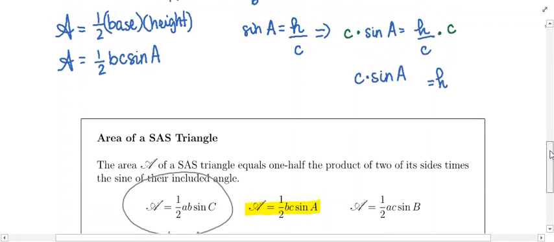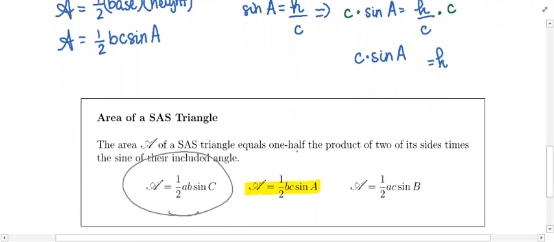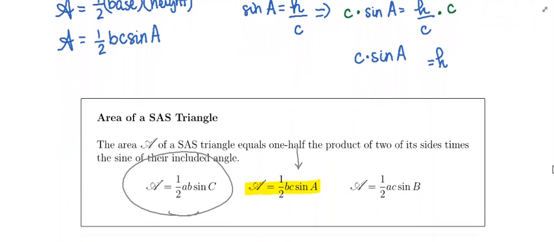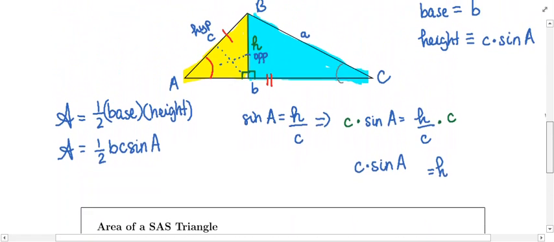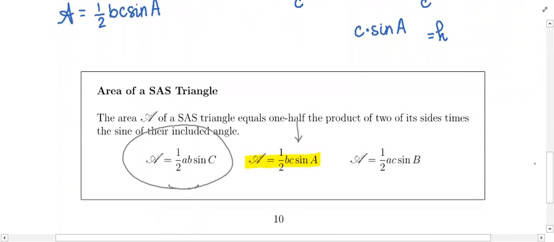The process we went through with the yellow triangle produced this equation in the middle, but if you repeated the process for angle C or angle B, you could come up with these 2 other formulas.